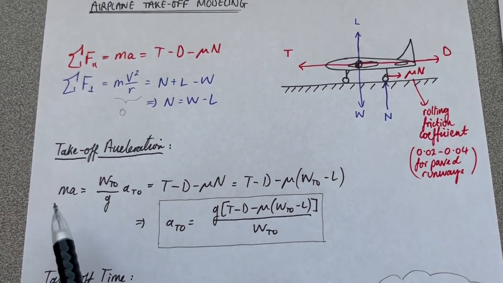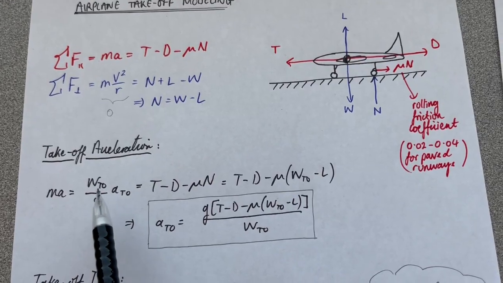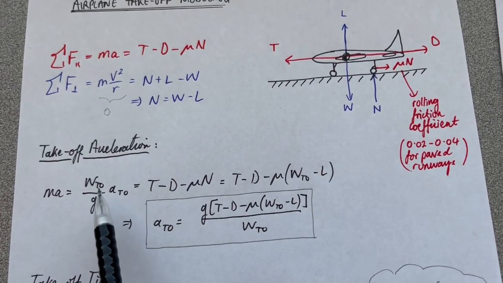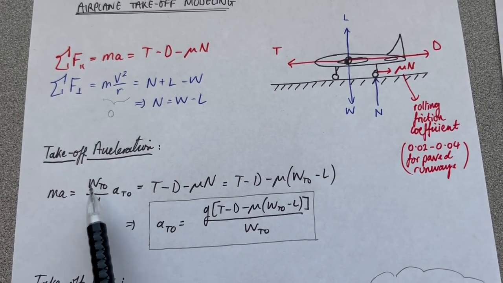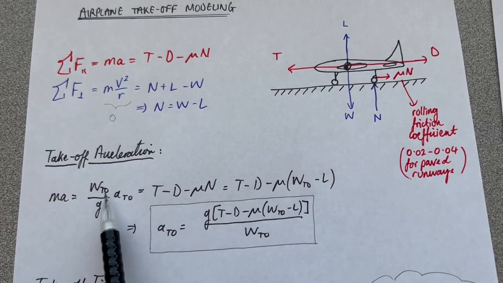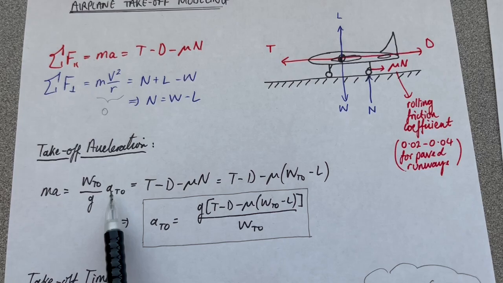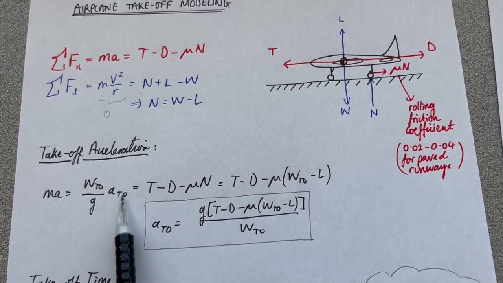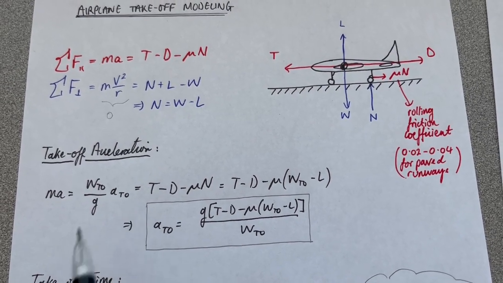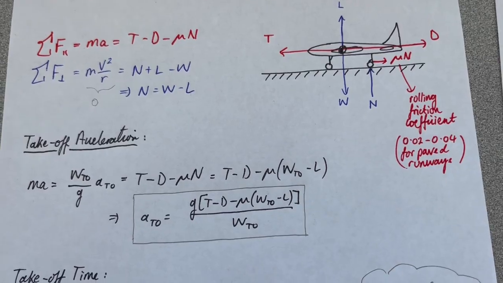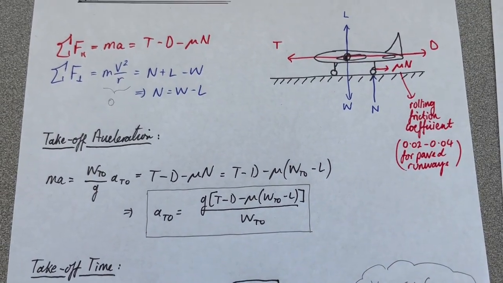Ma, so mass is just weight over g, and I've been specific to label the takeoff weight as W sub TO for takeoff, and then that's multiplied by a. And again, I've given it the designation TO for takeoff acceleration, just to distinguish it from the landing modeling that we're going to do in a minute.